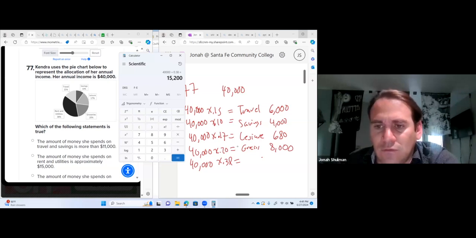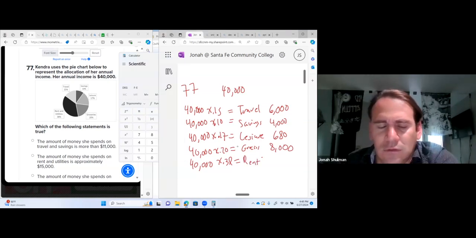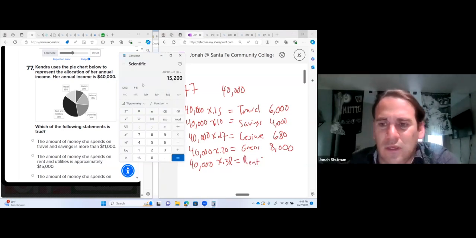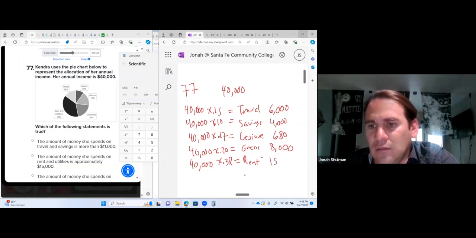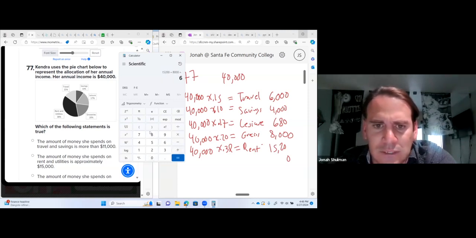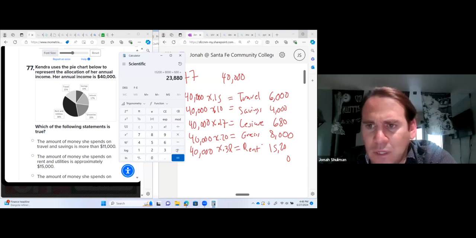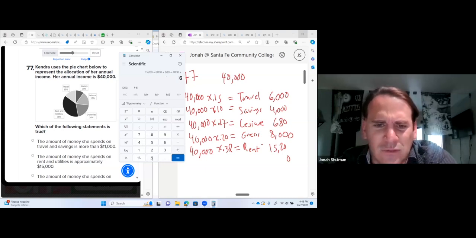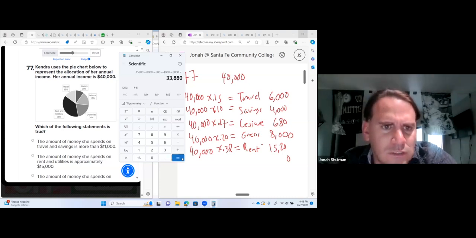The rent is 15,200. Yeah. And look what happens when we add them all up. We get the total, which should be 40,000. So 15,200 plus 8,000 plus 680 plus 4,000 plus 6,000. Did I skip one?